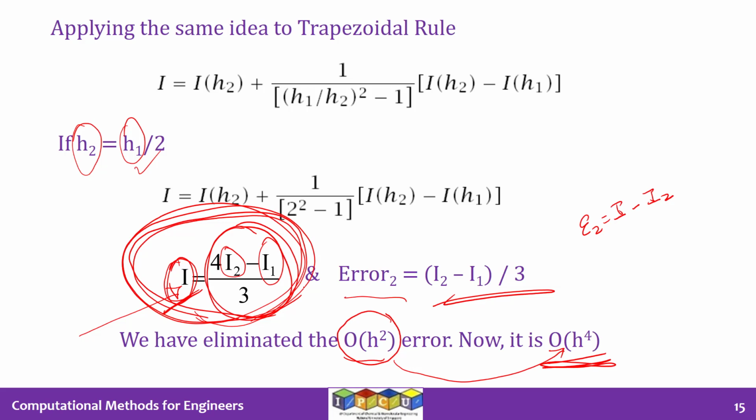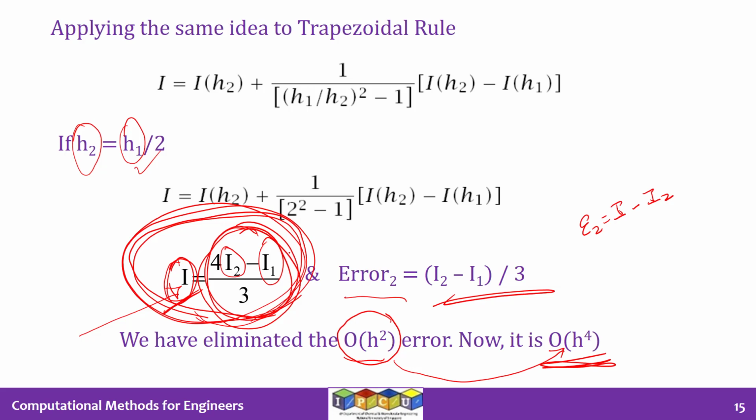So we have just shown that the estimates from trapezoidal rule can be improved by doing this: 4 times the integral value computed using a finer grid size minus the integral evaluated at a coarser grid size, with the relationship between fine and coarse grids being 2.